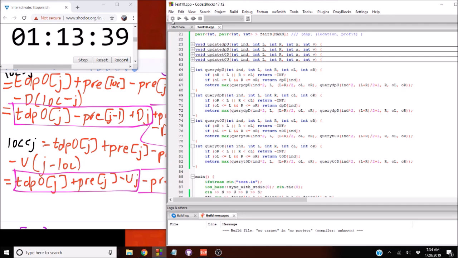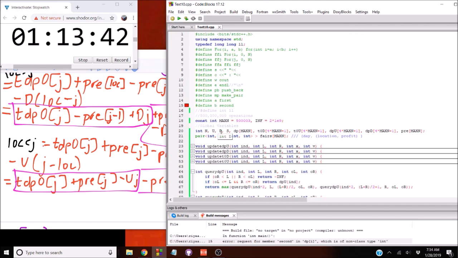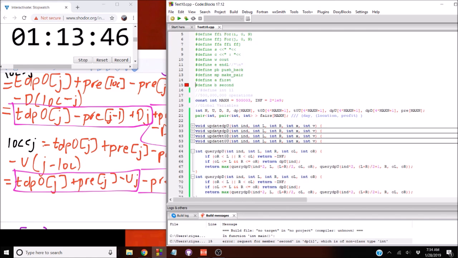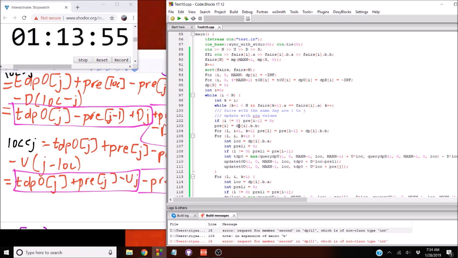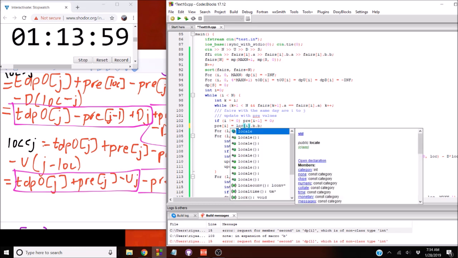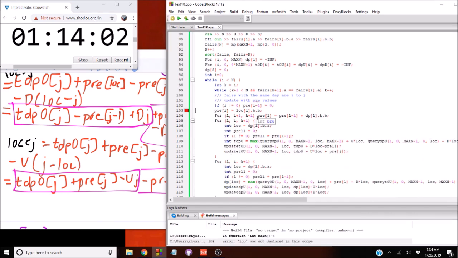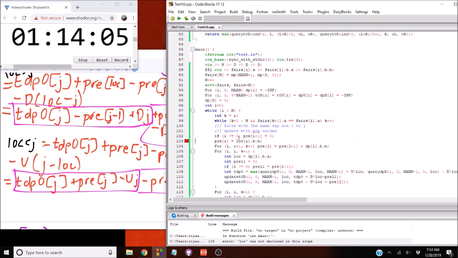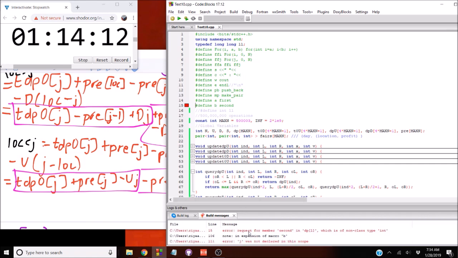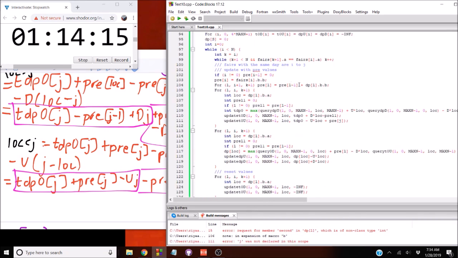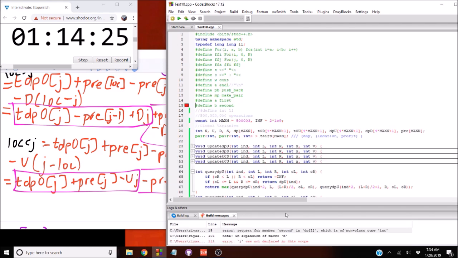Okay, let's see if this builds. And 15. 103. Oh, this is fair. 104. 106.